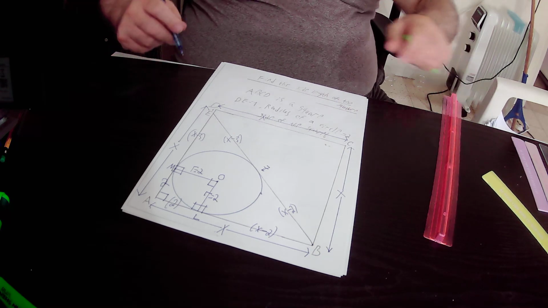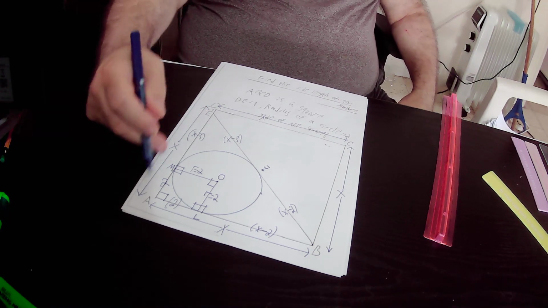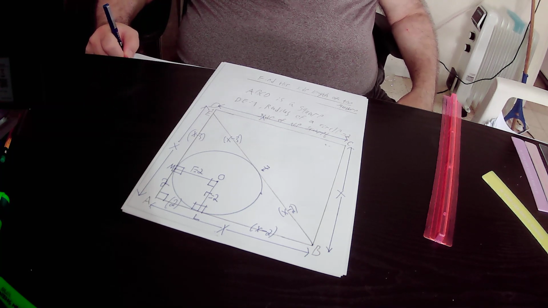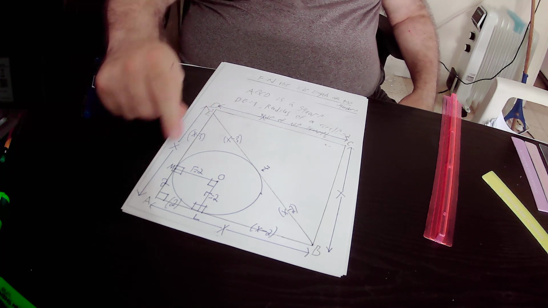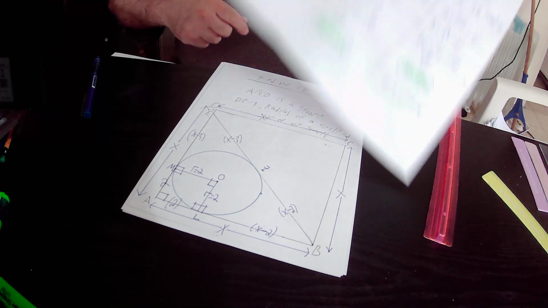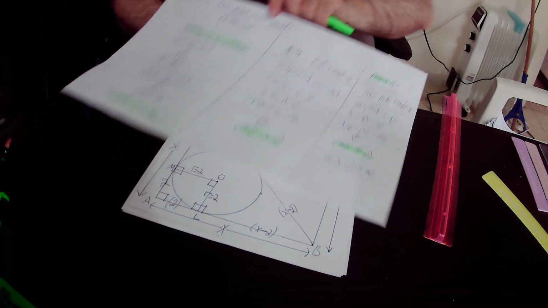From the drawing, it is very easy to see that the length of line segment EA is equal to DA minus DE. Again, EA equals DA minus DE.